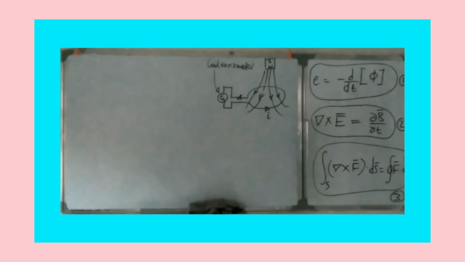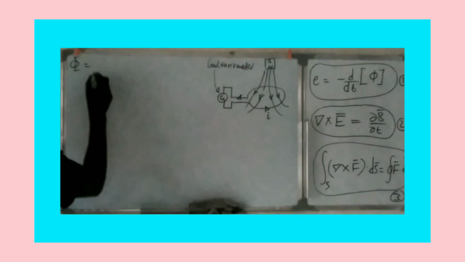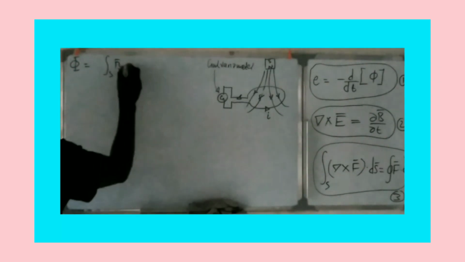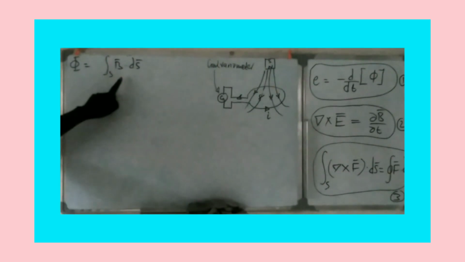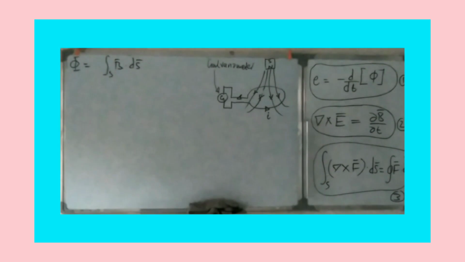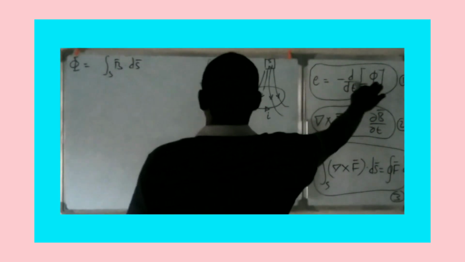But what is phi? What is magnetic flux? Well, magnetic flux phi is equal to the surface integral of B ds, where B is the magnetic flux density. Now, Michael Faraday's law says E is equal to minus d dt of phi.